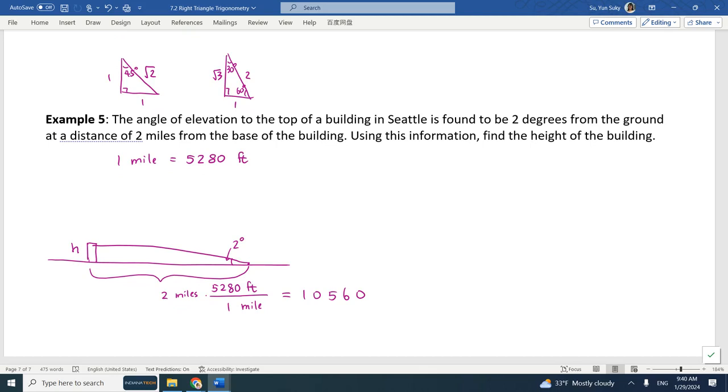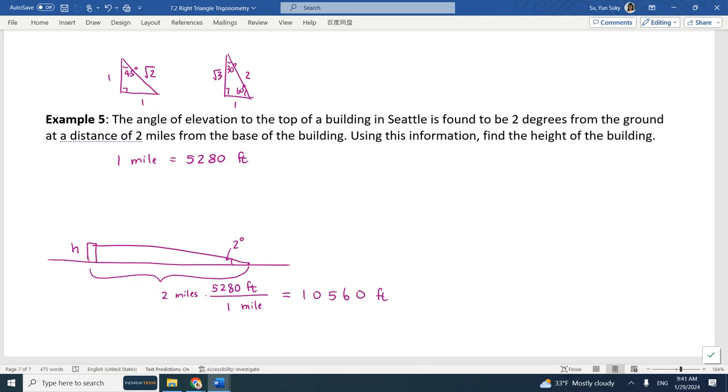Yeah, the 5,000 times 2 is 10,000. And then 280 times 2 is 560. Right, everybody? We get rid of the miles, and we want to get the feet. So we put the miles down there, and we have the feet on top, right? And 1 mile is 5,280 feet. We multiply them and get 10,560 feet. That is the distance here.